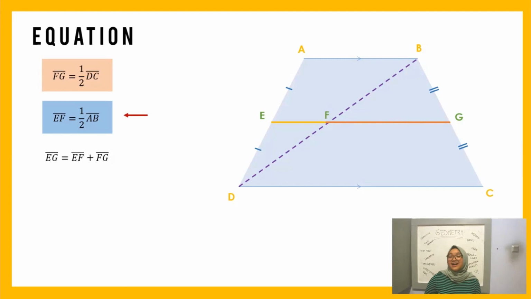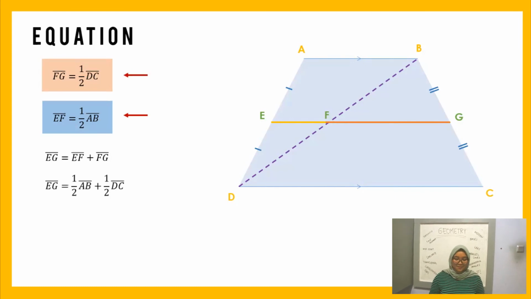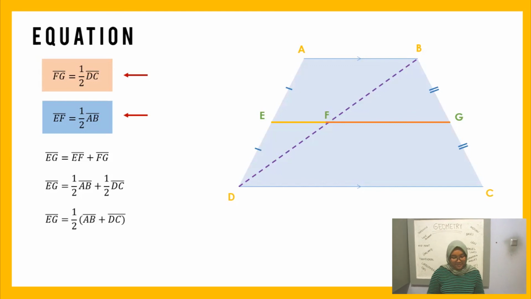From the last calculation, we can also substitute the line FG with half of DC. So line EG will equal half AB plus half DC. After this, we apply the distributive property to the equation, which produces EG equals half of the sum of AB and DC.